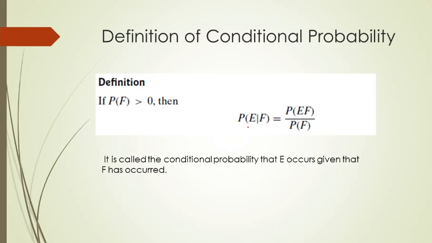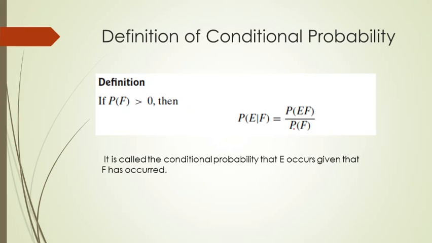How can we evaluate this conditional probability? That will be the probability of the intersection of event E and event F over the probability of event F. And of course, the probability of F cannot be 0 since it's a denominator.